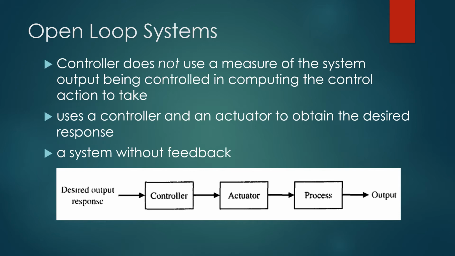It only uses the actual input or the present input in affecting the plant and the output. Any control system that has no feedback is classified as an open loop system.